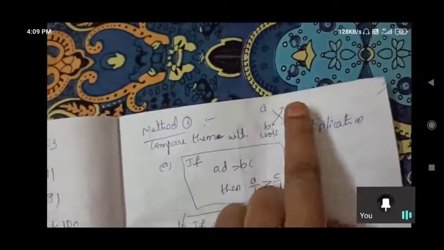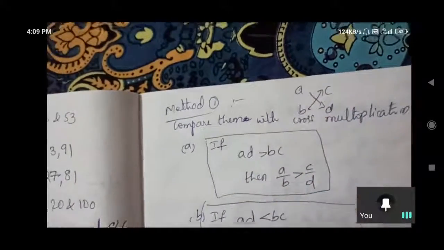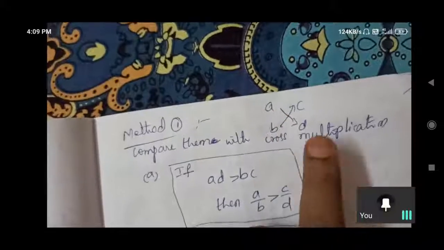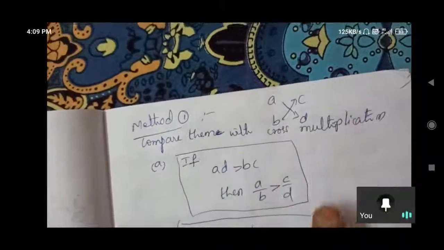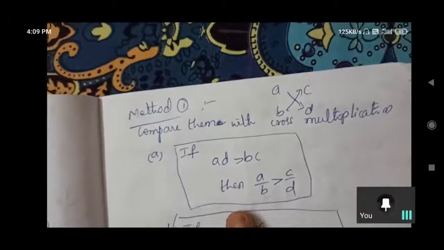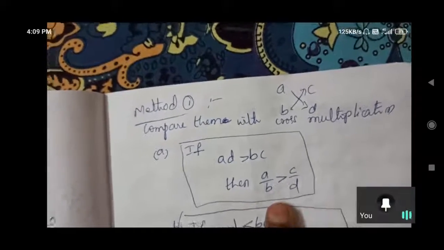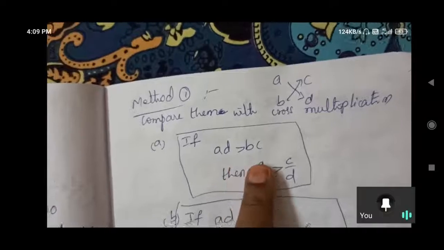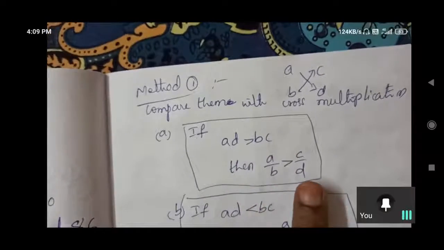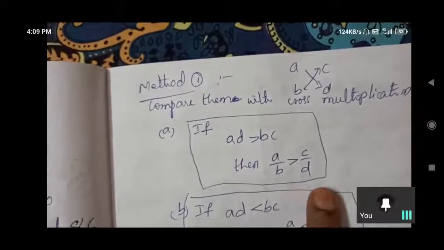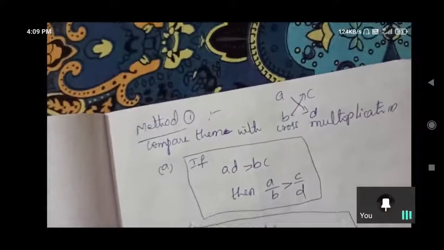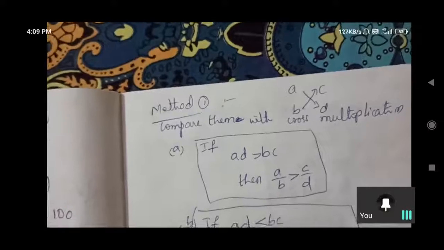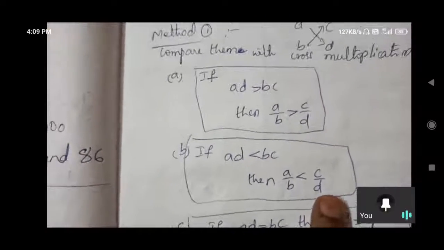Here AD and BC. If AD is greater than BC, then the first fraction A by B is greater than C by D. If AD is less than BC, at that time the second fraction C by D is greater.